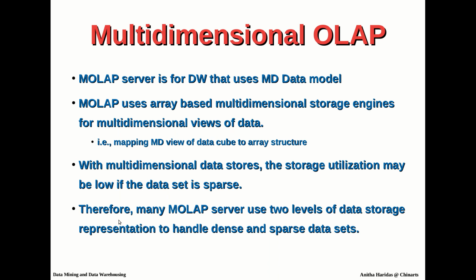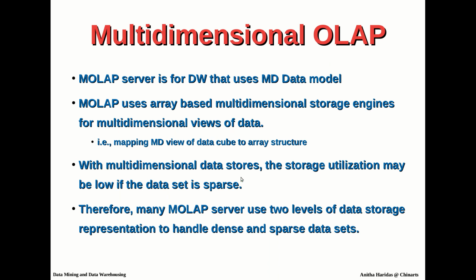More than one subject or theme can be integrated together as an array structure. So mapping the multi-dimensional view of the data cube to an array structure. Based on how many dimensions you want, that many data cubes can be added based on the multi-dimensional view, and not only that, it will be forming an array structure.